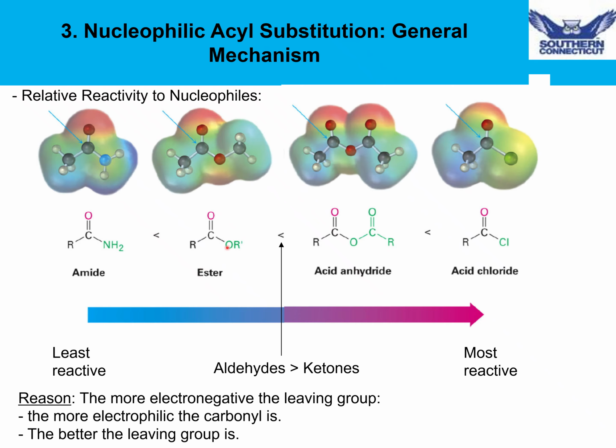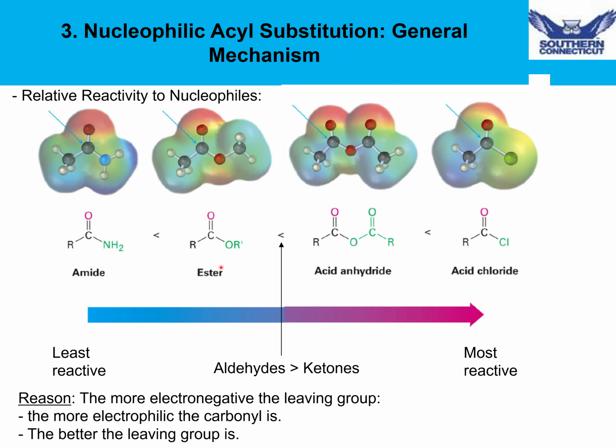Esters are next, so they are quite unreactive compared to other acid derivatives, but not as much as amides. Acid anhydrides are even more reactive. Acid chlorides are even more so. Now, if you're wondering, acid bromides are even more reactive. We're not going to see too many examples because acid bromides are so reactive that they're sometimes very difficult to work with.